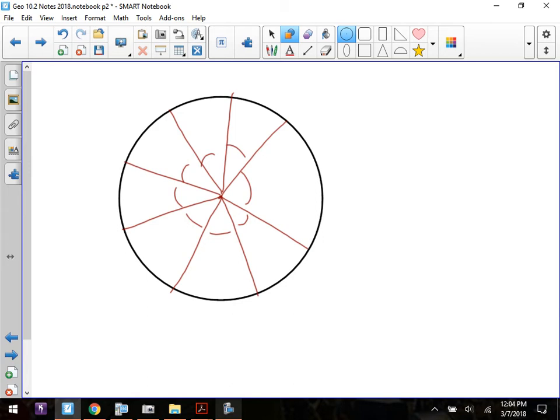Now, each piece of the pizza also has the same radius. You agree? So the amount of area is defined by the ratio of the angle to the overall circle times the area of the circle. So this sector would be the angle over 360 times pi r squared.